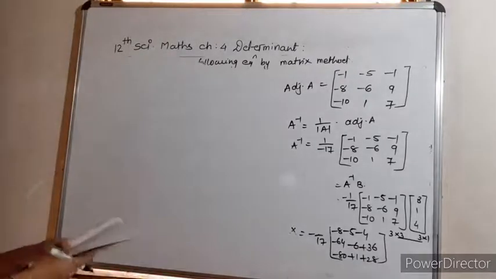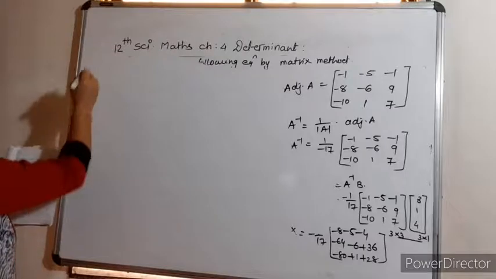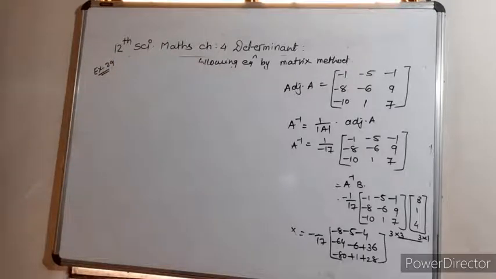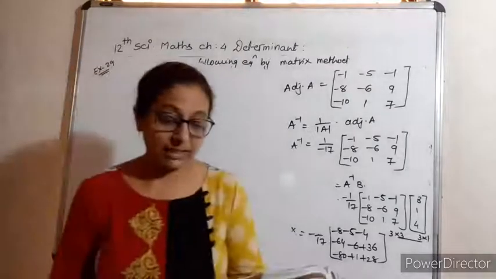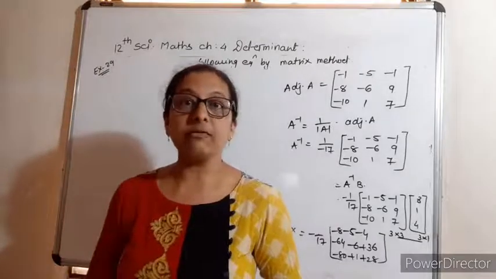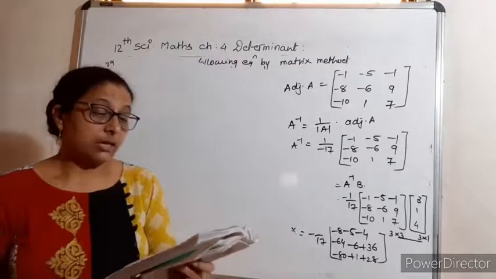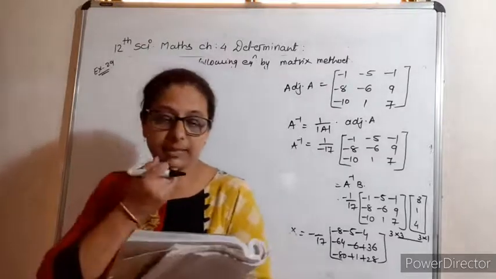The sum of 3. Here example 29. We'll do example 29. You have a textbook, so page number 135 we see on that. Here is the given question: the sum of 3 numbers is 6.